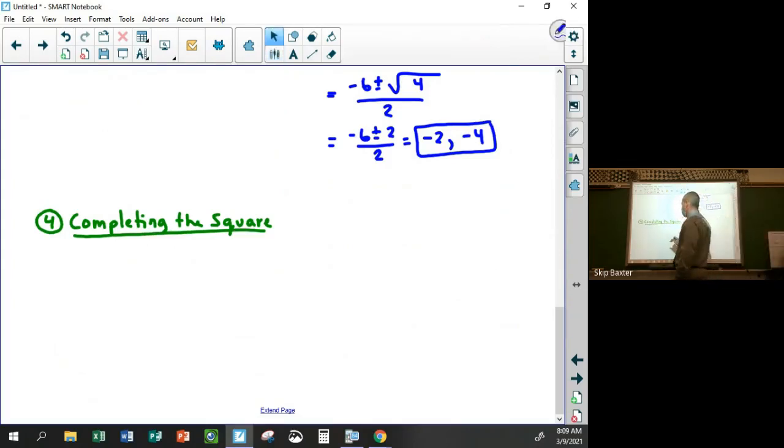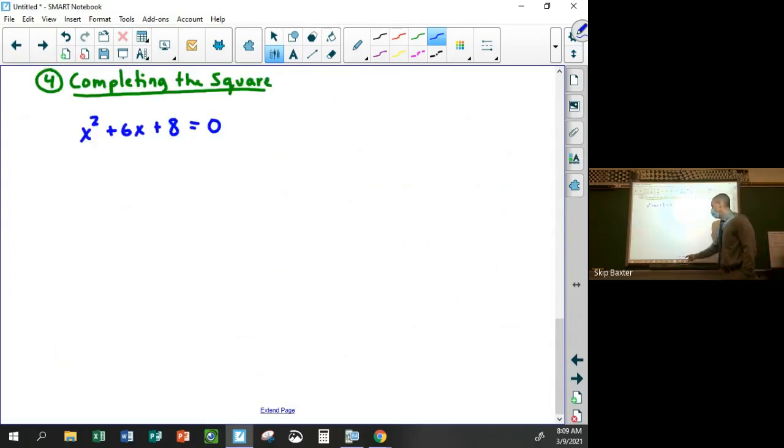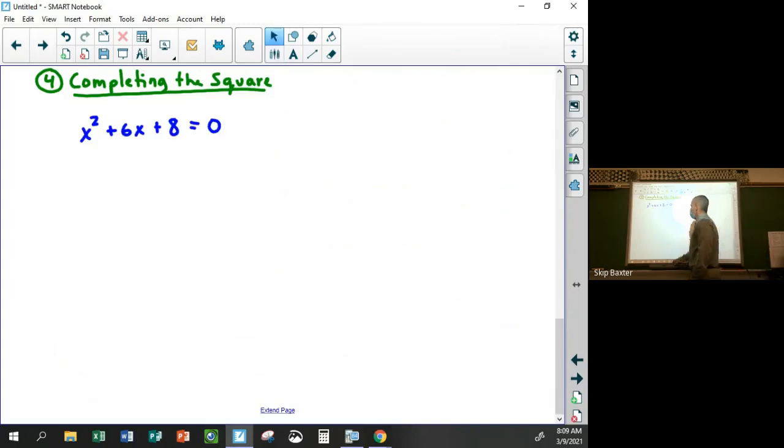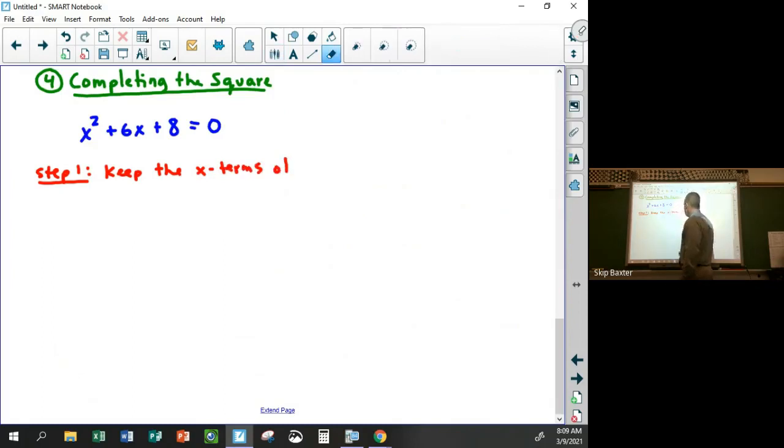Okay, so if you have something like x squared plus 6x plus 8 equals 0, here's the step-by-step process. I'm going to pretend like you've never seen it before, but you have. Step 1 is to keep the x terms on the left and put the constant, the number without an x, on the right.